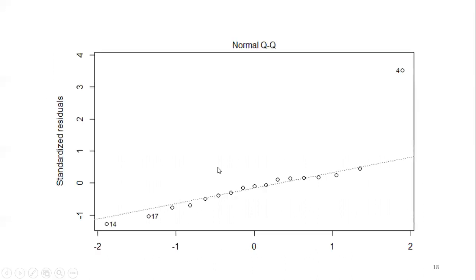This is the normal plot of the studentized residuals, and this is the fourth point, at 3.5. It is far away from the normal line, which means this is really a problem for the model, and hence we can remove it.